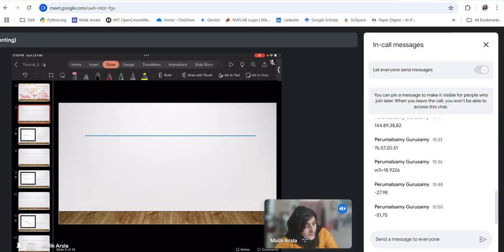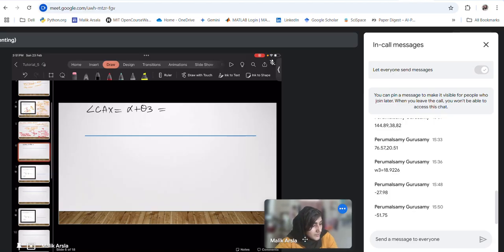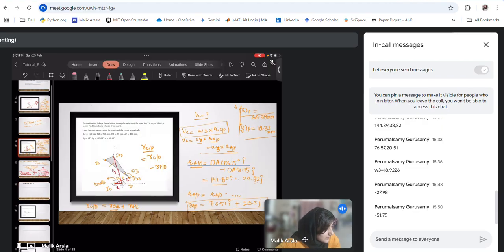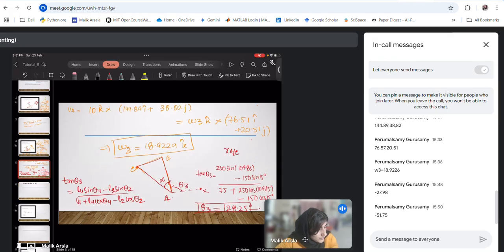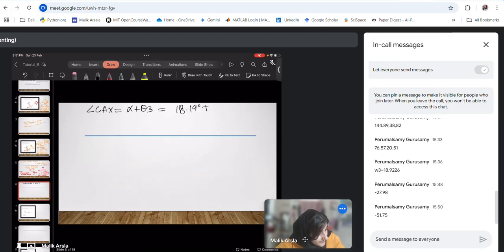So this angle CAX will be equal to alpha plus theta 3. Alpha is given as 18.19 degree plus this we found out 128.25. So it is coming out to be 146.44. Okay.